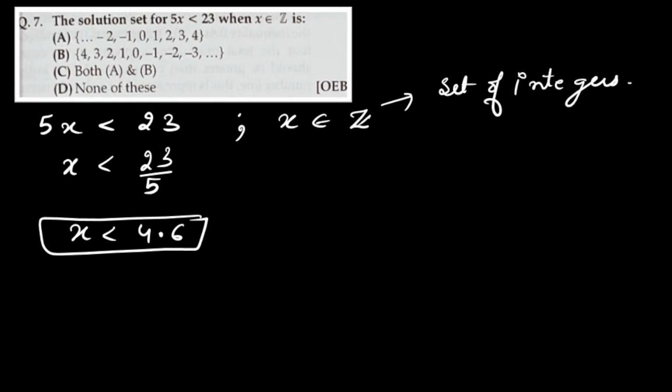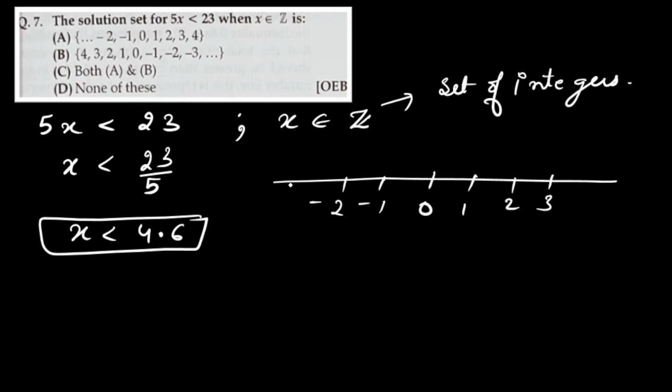So what are integers? I want you people to tell me what are integers. Here our replacement set is the set of integers. So integers are all numbers with no decimals, no fractions, positive and negative, as well as 0.